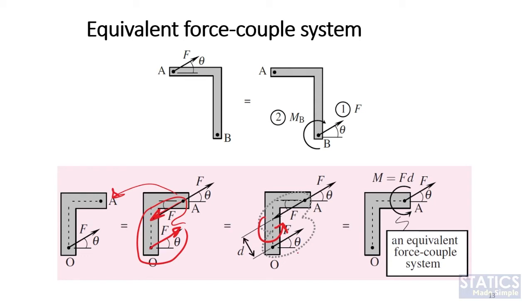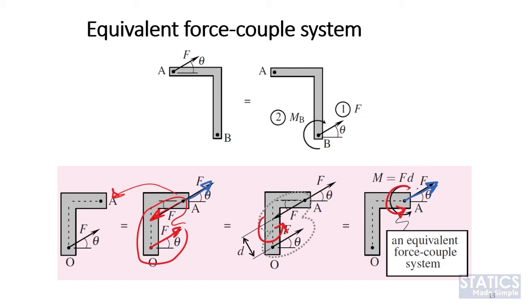And if we want to look at point A, for example, that means A will feel the remaining force here, which is this force F, that is not cancelling with anyone. So at A we will still have this F plus this free couple here. The free couple or the moment can be placed at point A, because it is actually acting anywhere on the rigid body.